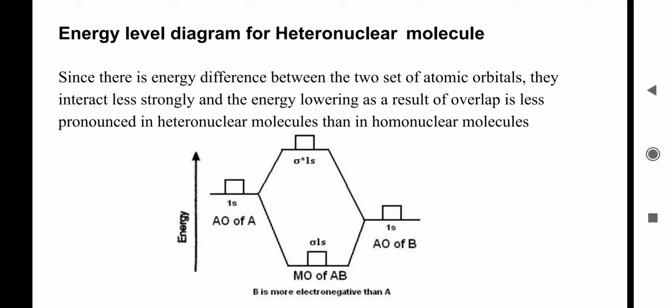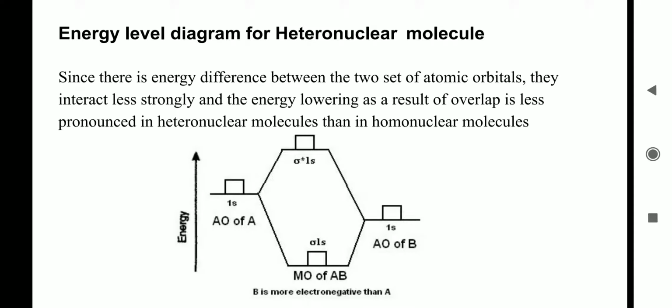Now these two atomic orbitals, though they have a little energy difference, can overlap, and this overlap will result in the formation of two molecular orbitals. One is the bonding molecular orbital, shown by the symbol sigma 1s, and the other one is sigma star 1s, that is the anti-bonding molecular orbital.